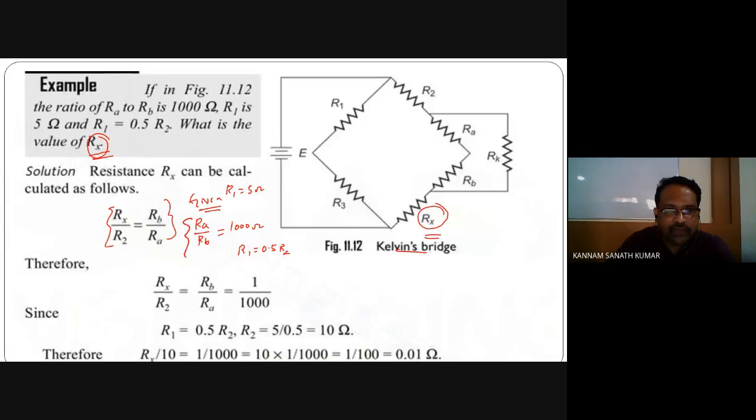So he given Ra by Rb, but you want Rb by Ra, just reciprocal. So Rb by Ra equal to how much? 1 by 1000 ohms. Okay. So this is equal to 1 by 1000 ohms.